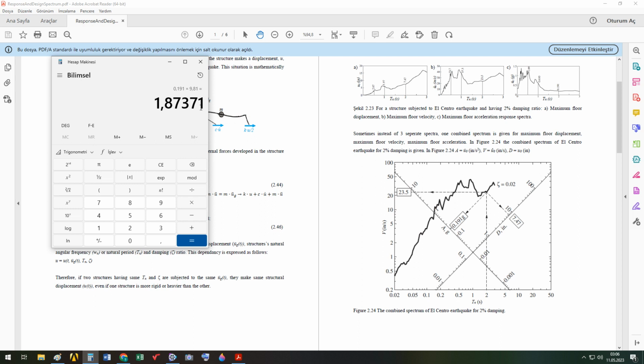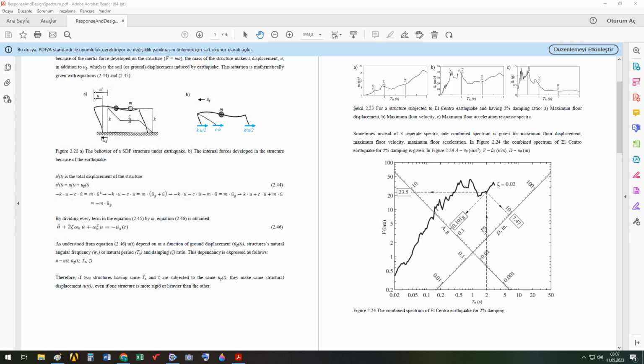G means that: multiply it with g, so g's unit is the unit of acceleration, meter per second square, or in English units it might be inch per second square or feet per second square. If you draw a perpendicular from this point of the curve to this scale, you will obtain the maximum floor displacement. It's 7.47 inch.